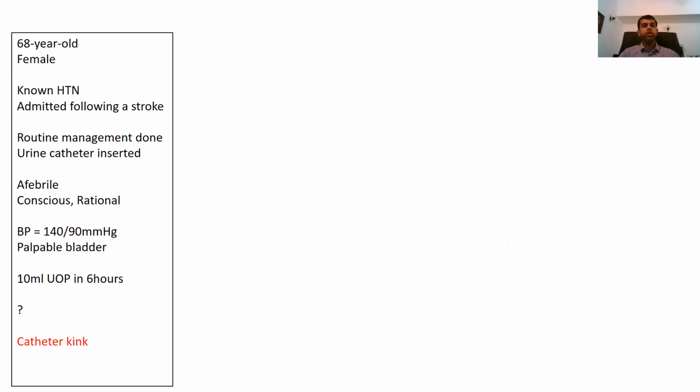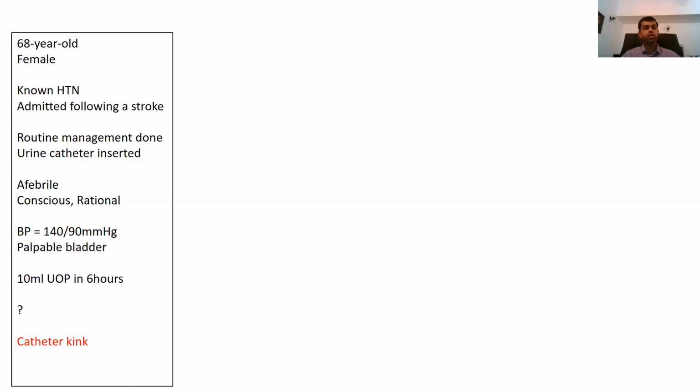Okay, so now towards the end of my presentation, I'd like to go back to my first slide where I showed you 4 scenarios. The first scenario was a 68-year-old female who had oliguria and a palpable bladder. Here, it's very easy for us to think about all the hi-fi conditions and start investigating patients, but we always need to be very aware of the simple things and exclude simple reasons for oliguria rather than straight away jumping into diagnosing hi-fi conditions.